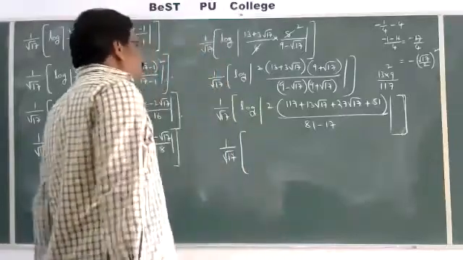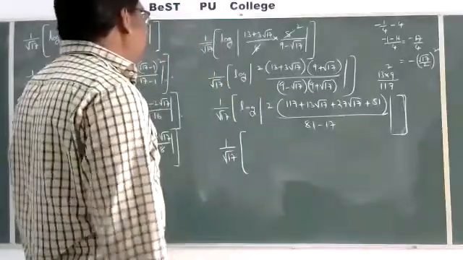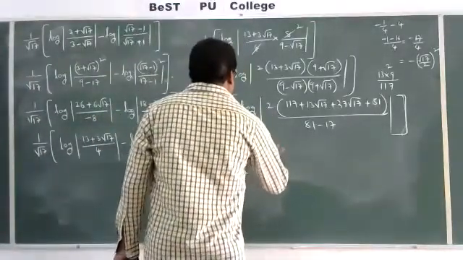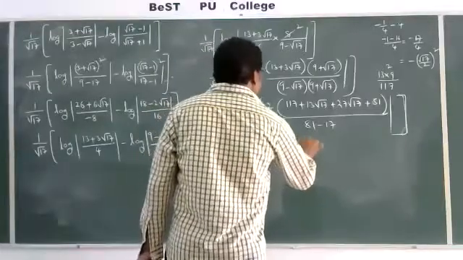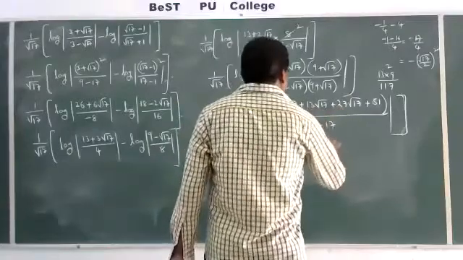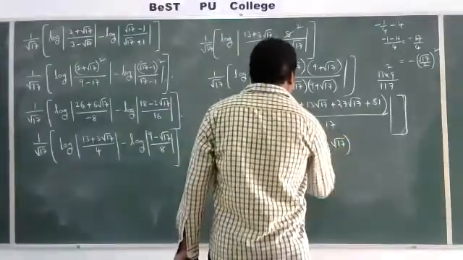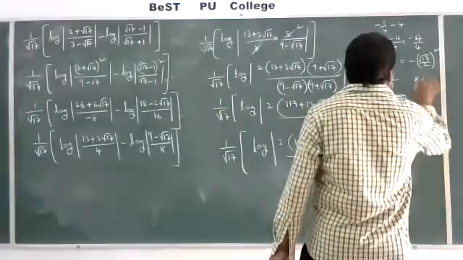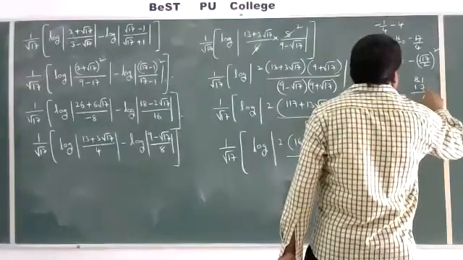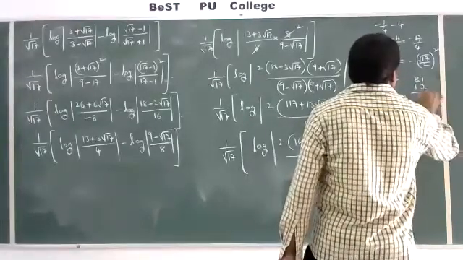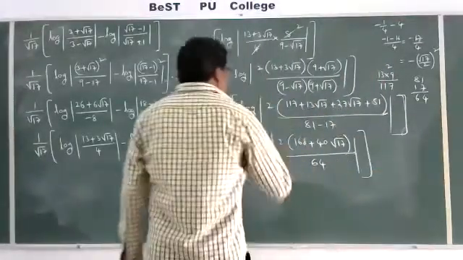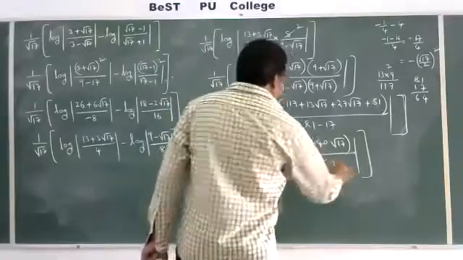Here 117 plus 51, 168. Logarithm of 2 into 168 plus 40 root 17 by denominator 81 minus 17, that is 64. 32 times.